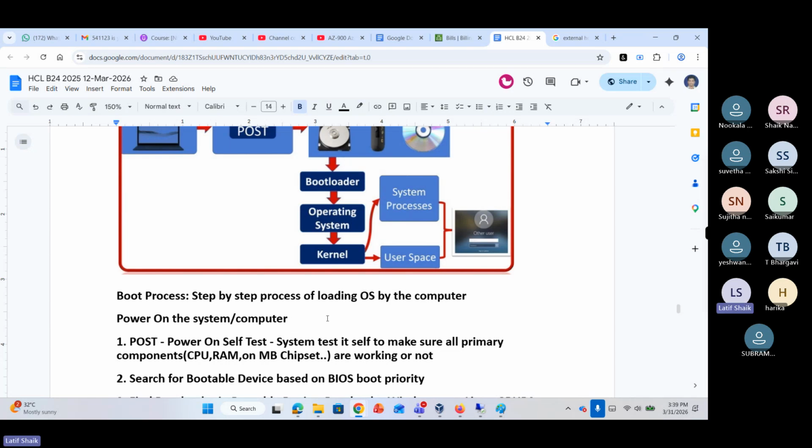Another one is the step-by-step process of turning on the computer. Turning on the computer is also the boot process. So there are different ways to say what the boot process is. Take whichever one is easy for you to tell. Next.